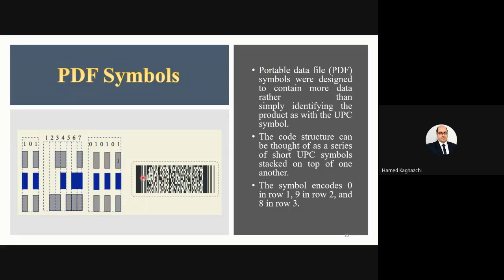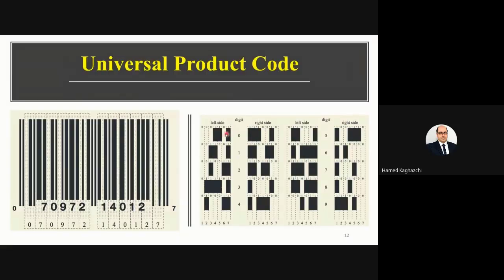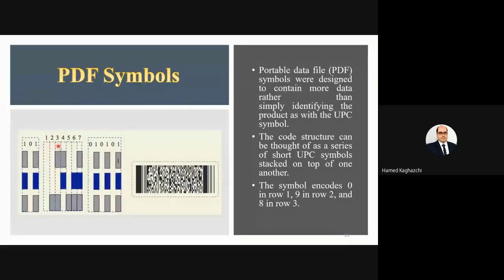Now, if you look at here, in row 1, we have 0. This is the pattern of 0: 1 black, 2 white, 2 black, 2 white. And here we have the 0.